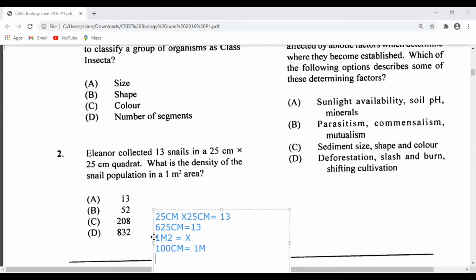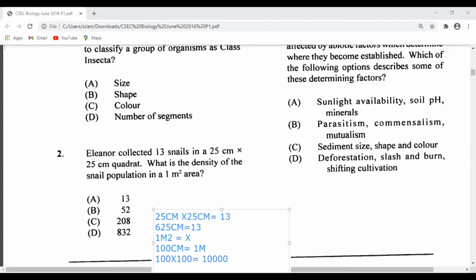So if it's square, then it would be 100 times 100, and we would get that in centimeter, and that would be 10,000.